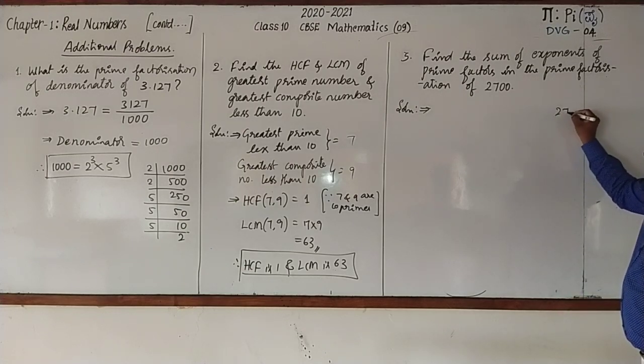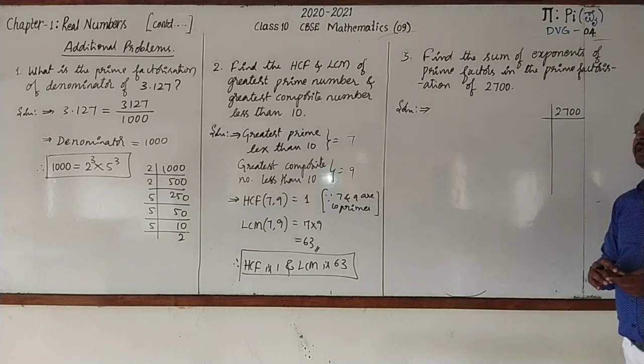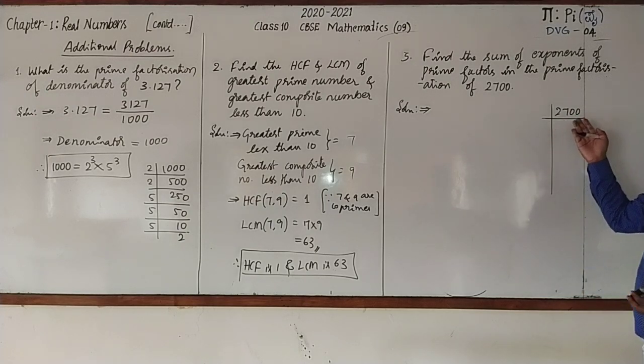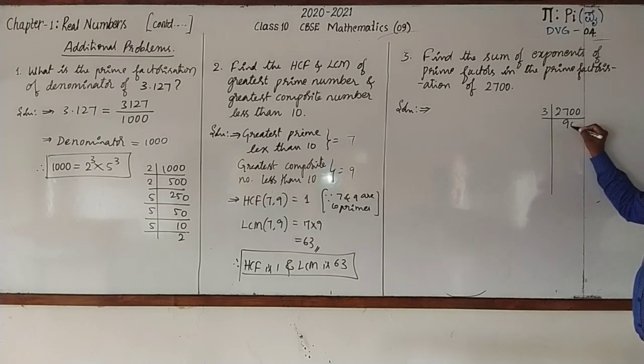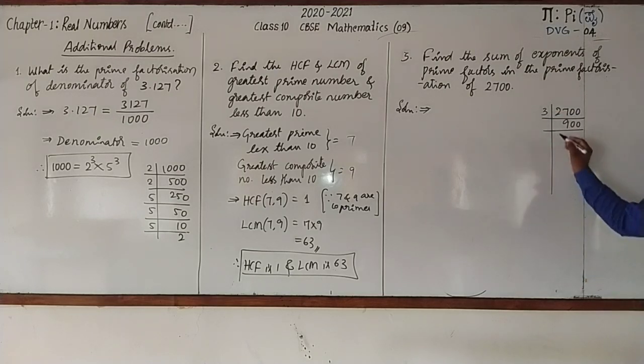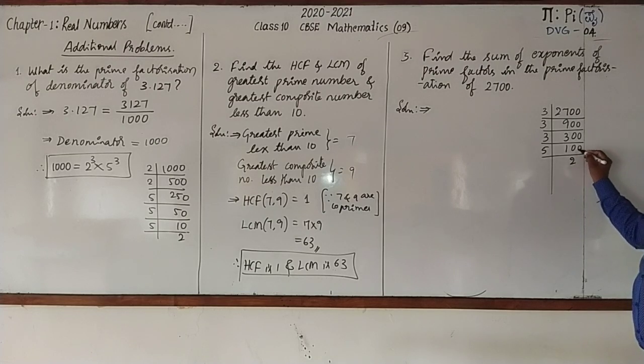Here, 2700. Now this number is divisible by 2 or 5, even 3, 9 also. So I'll take 3 9s are 27, 0, 0. Now 3 3s are 9, 0, 0. Now 3 1s are 3, 0, 0. 100 is there. 5 2s are 10, 0. 5 4s are 20.